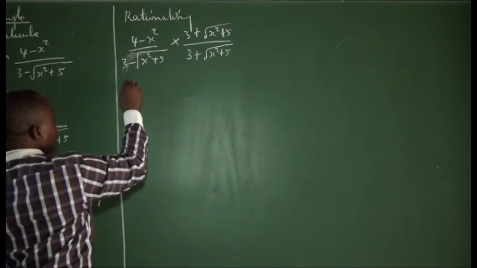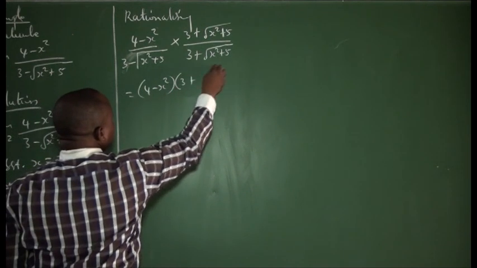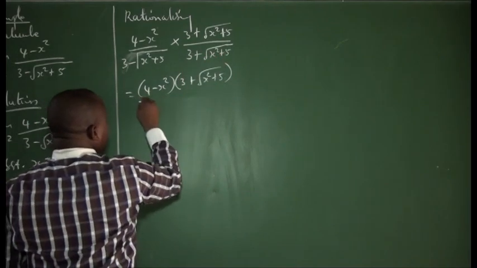If we do that, we have 4 minus x squared times (3 plus root of x squared plus 5) multiplying the top.